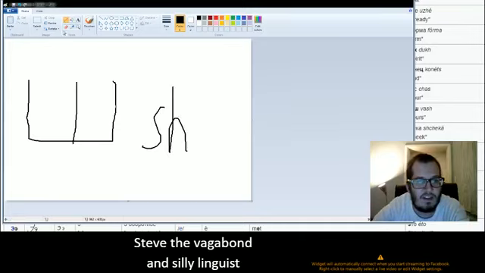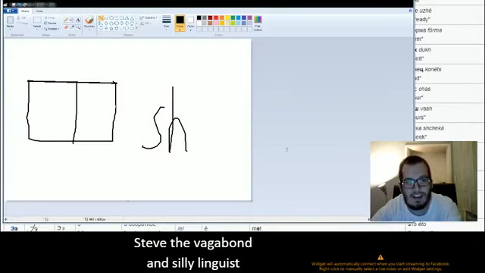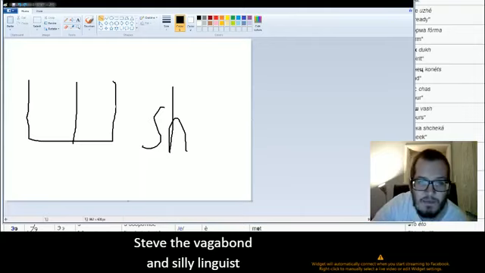Now if you just add a line to the top, now we've got shutters, and we want to shut the shutters and sit in the shop. So this is the Russian character for sh. It's not exactly sh, but it's close. And then let's go back.